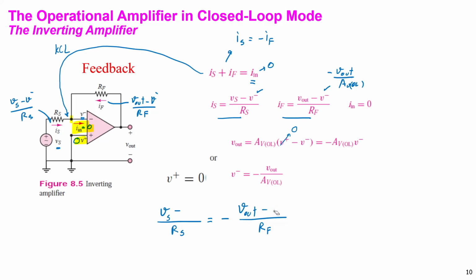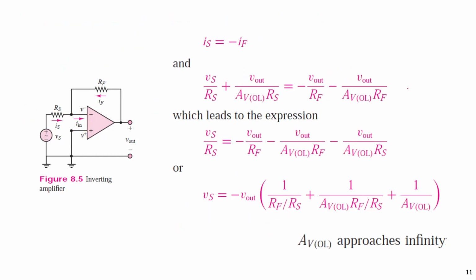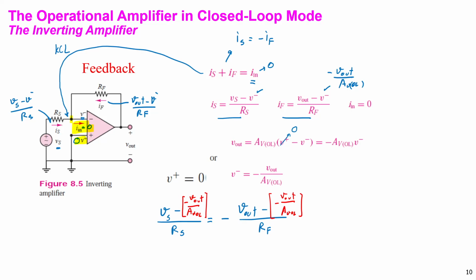So we can rearrange this equation, and we get V_S divided by R_S plus V_out divided by A open loop times R_S on one side, and on the other side V_out divided by R_F plus V_out divided by R_F times the open loop gain.